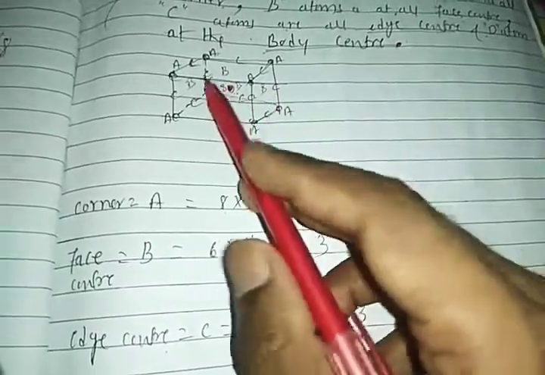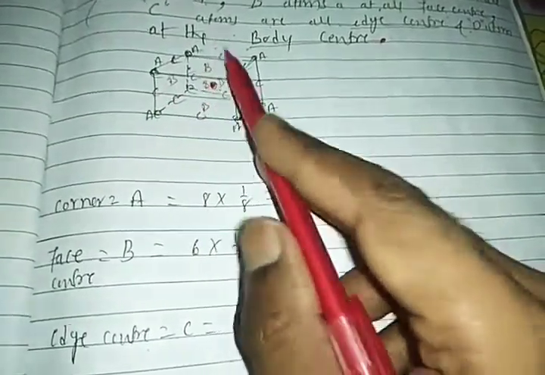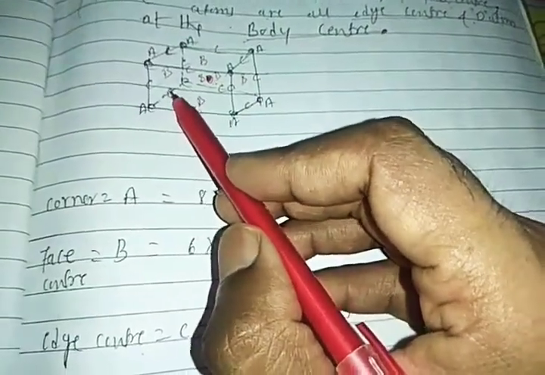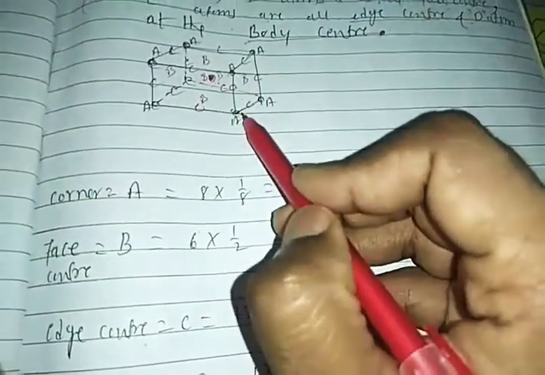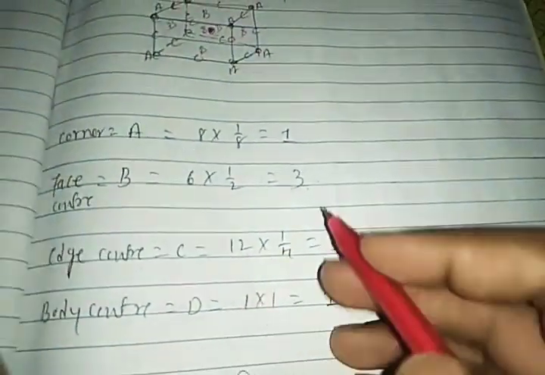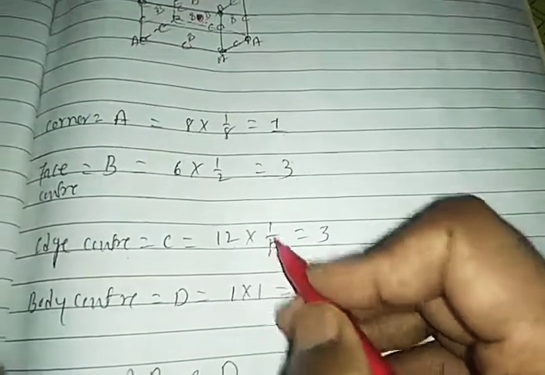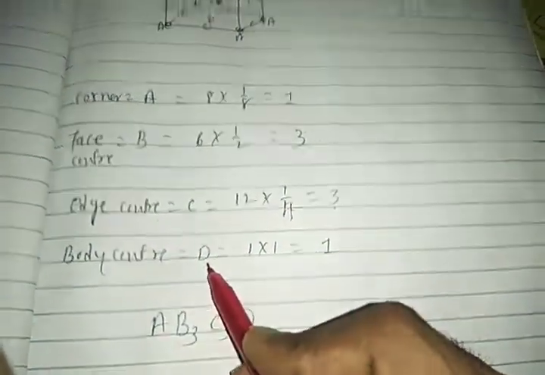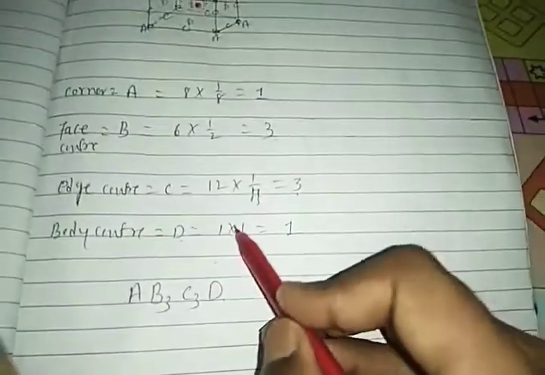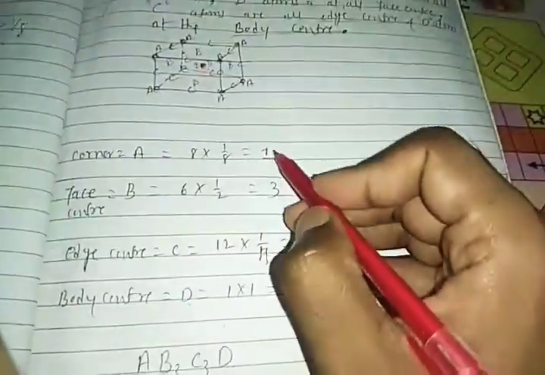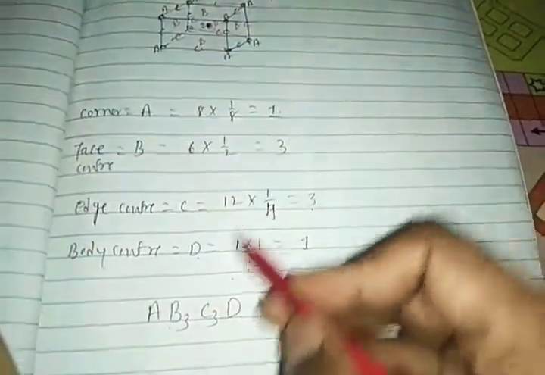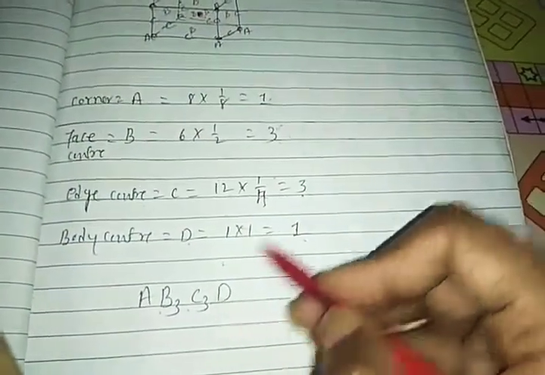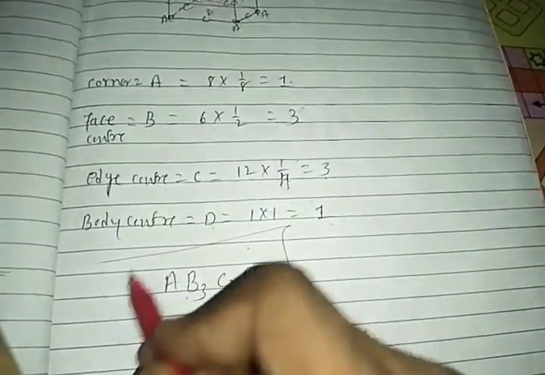Upside 4, vertical 4, and bottom portion 4, so 4, 4, 4, 12 atoms. The contribution is 1 by 4th part, so that is 3. Edge center. Body center D, center of the cube, one, contribution also 1. So A is 1 atom, B is 3 atoms, C is 3 atoms, D is 1 atom. This is the formula of the compound.